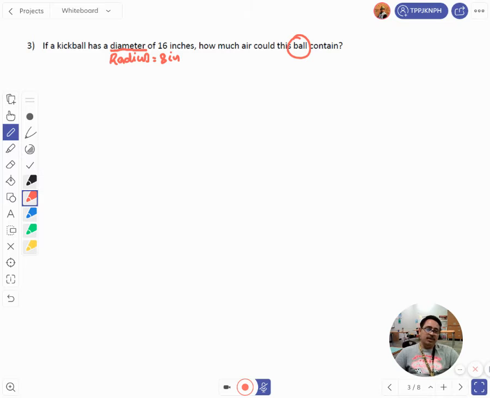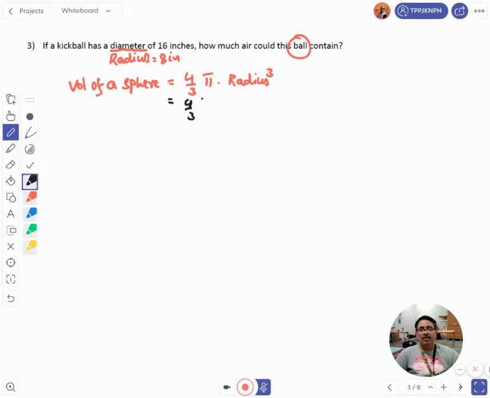So if you are thinking of a sphere, I hope you know how to find the volume of a sphere. Okay, so let me write that volume of a sphere, it is 4 by 3 pi times radius cube.